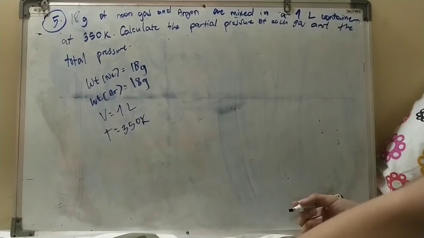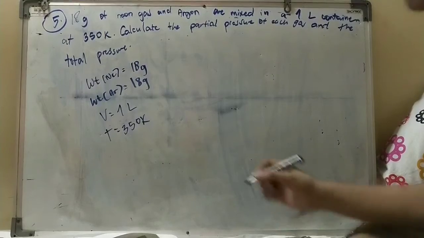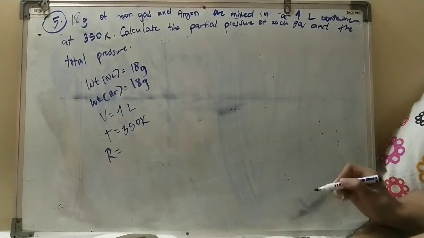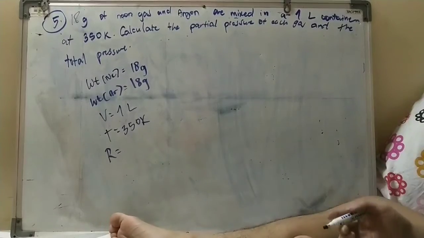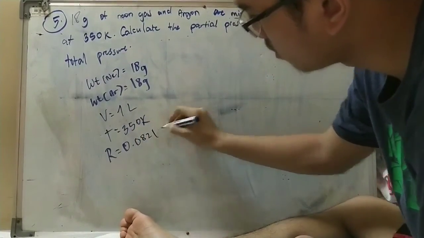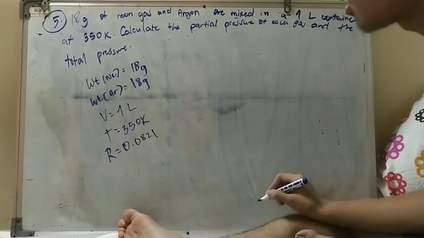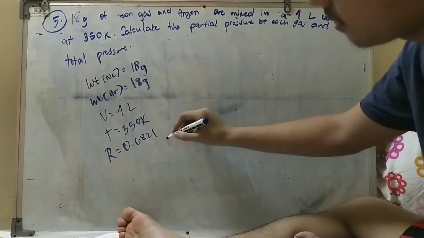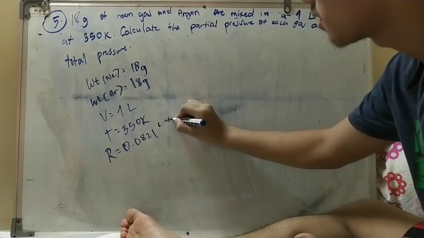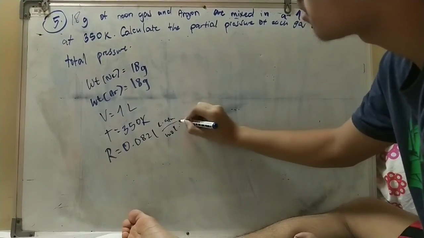And even though it's not given, we're going to use the gas constant, which I discussed earlier. That is 0.0821 when rounded off to 4 decimal places. 0.0821 liters times atmosphere over moles times Kelvin.